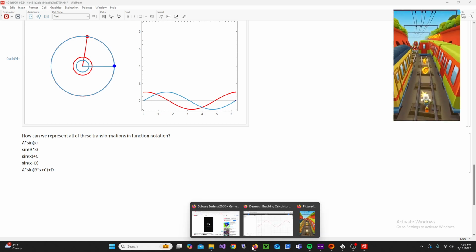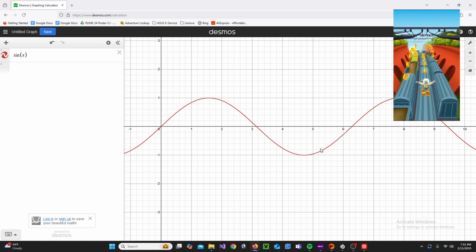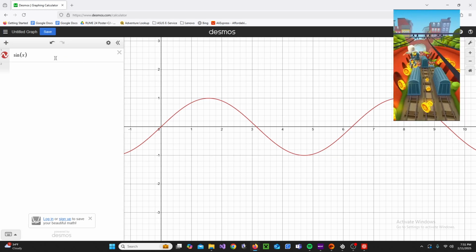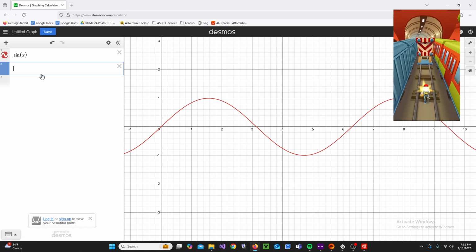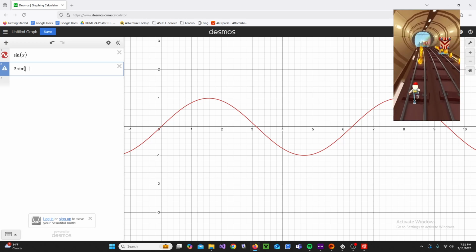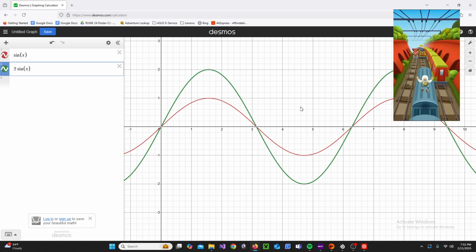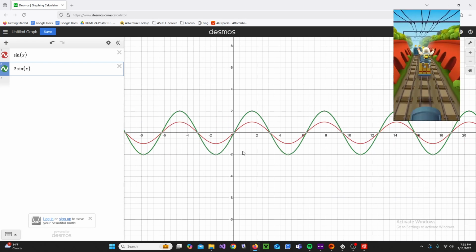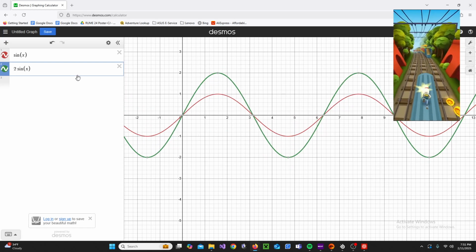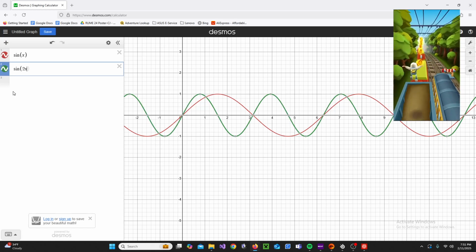So let me move over to Desmos here again, just our really fancy online graphing calculator. We have our sine function. Now we look at 2 times sine of x. Then again, we're seeing this function getting stretched vertically. And let's compare this to sine of 2x.